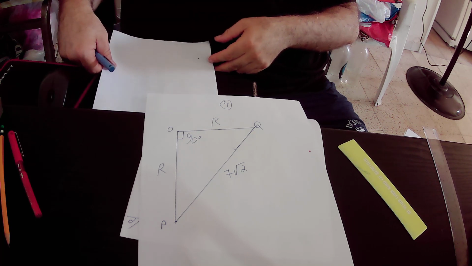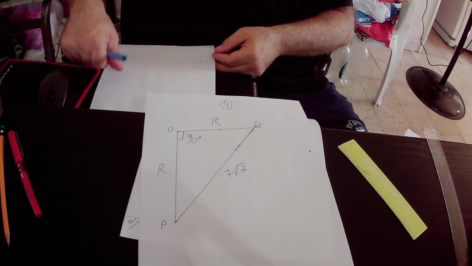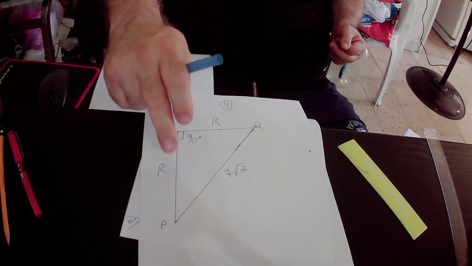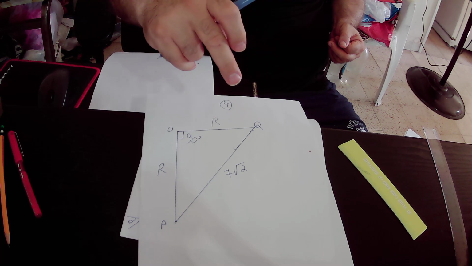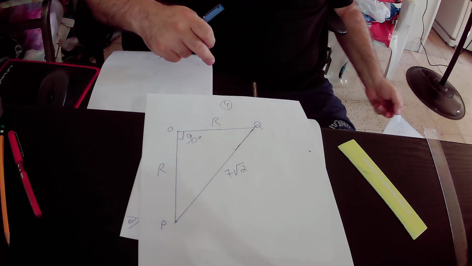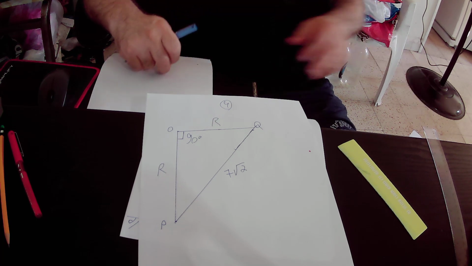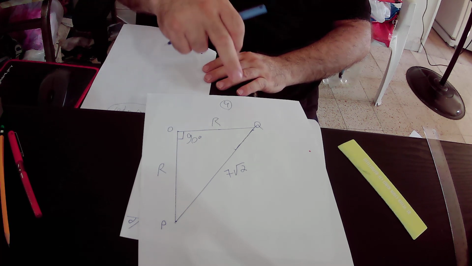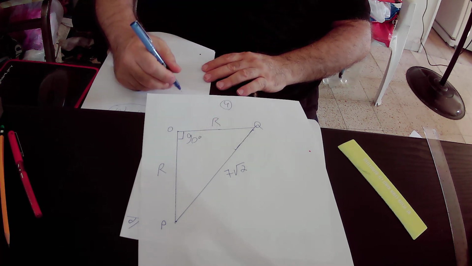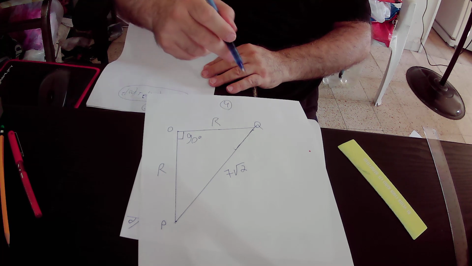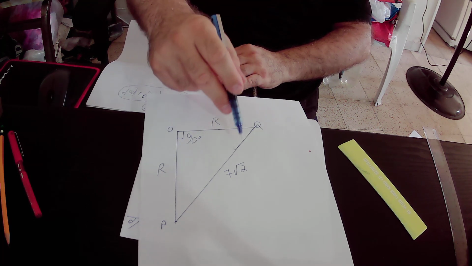But we know that OQ equals R and OP equals R and QP equals 7 times root 2. So we can substitute PQ by 7 times root 2. I will call it second equation. In the second equation we will substitute PQ by 7 times root 2.